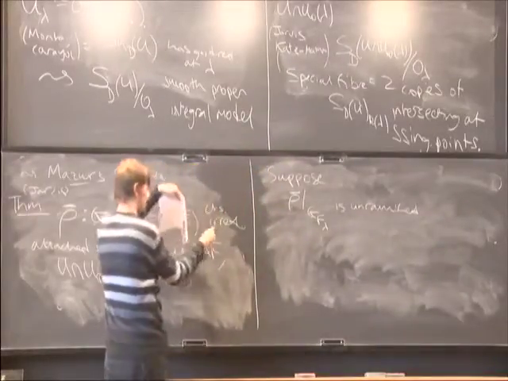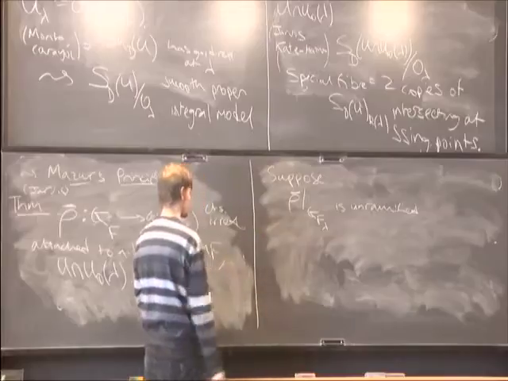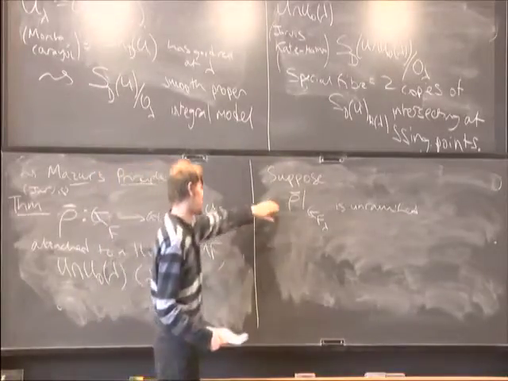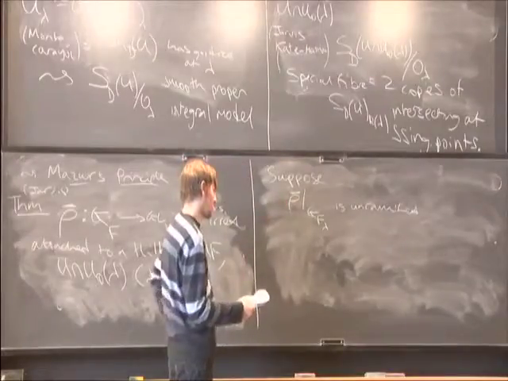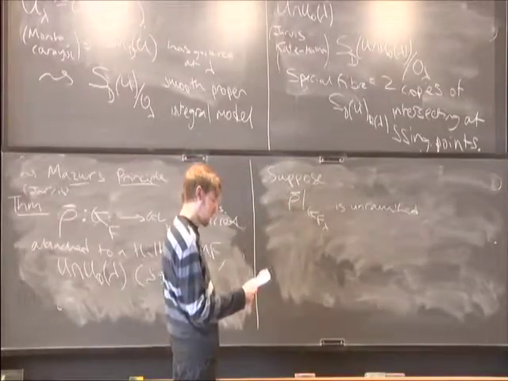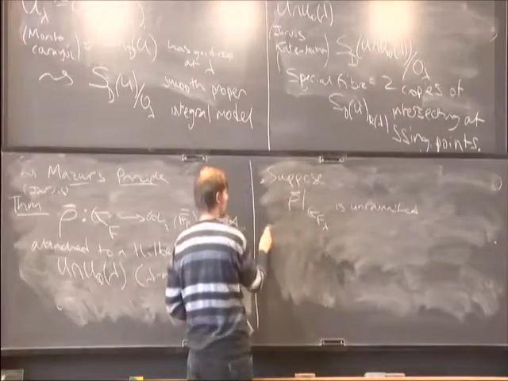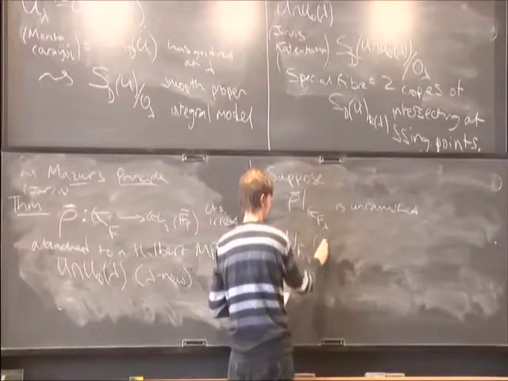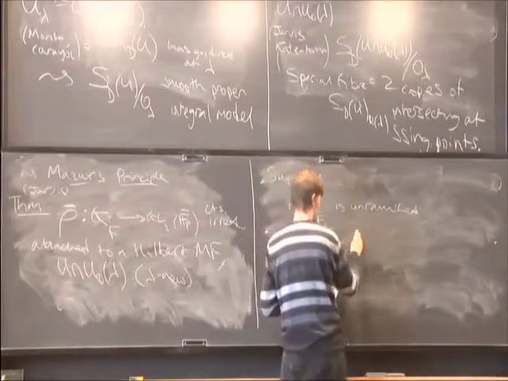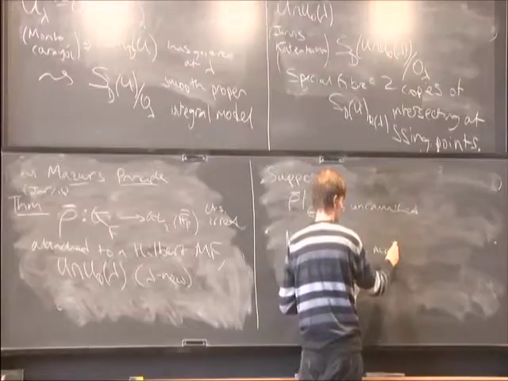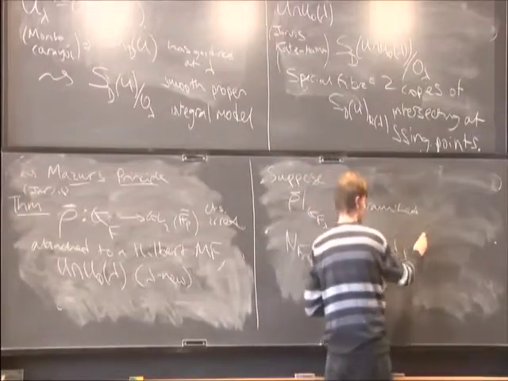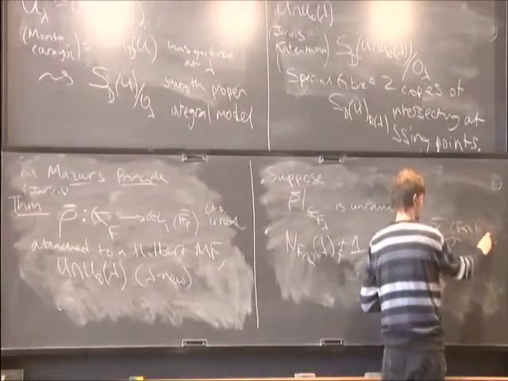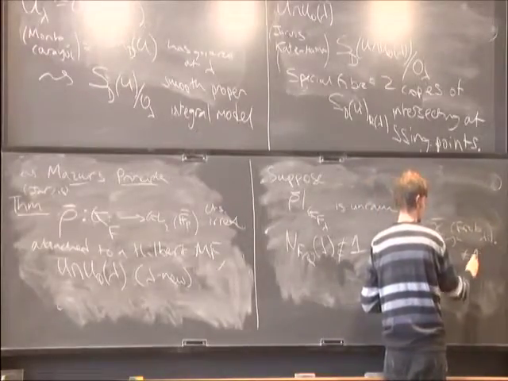It will look like some ramified extension of two characters whose ratio is a cyclotomic character, but it's possible that when you reduce modulo p that extension becomes trivial, and then you get something unramified. And suppose moreover that the norm of the place lambda is not congruent to 1 mod p. So that means that the mod p cyclotomic character evaluated at Frobenius at lambda isn't equal to 1.